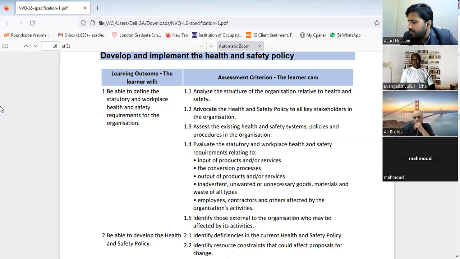So it might be the visitors or stakeholders. Yeah, absolutely. Visitors are external, or sometimes the suppliers are external because they are not part of that activity. They are just there to supply the equipment to you to perform in that area.